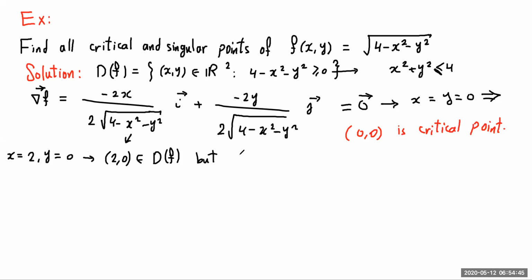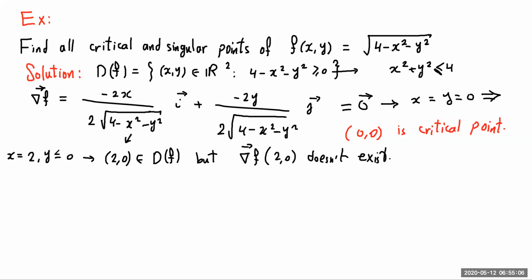But what is the gradient of f at this point (2, 0)? It doesn't exist. So this point (2, 0) is in the domain, but there is no derivative, no gradient at this point.